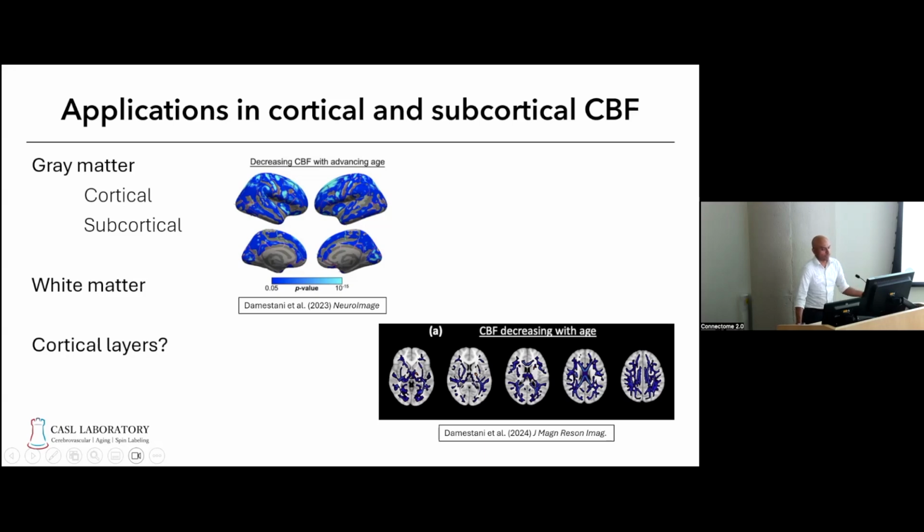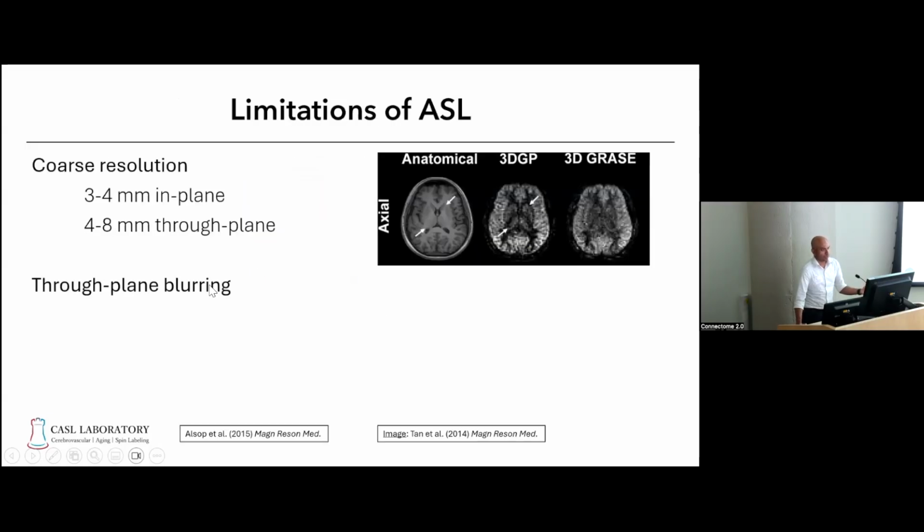But what we know generally less about is how that CBF, that perfusion value, changes as a function of cortical depth. One of the limitations of ASL that makes this a really hard question to answer is that the acquisitions tend to be pretty coarse in resolution. In the in-plane direction, it's generally between 3 to 4 millimeters and about 4 to 8 millimeters in the through-plane direction.